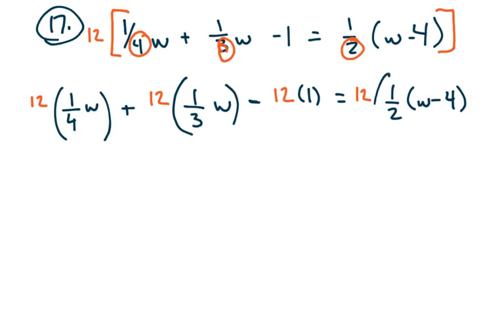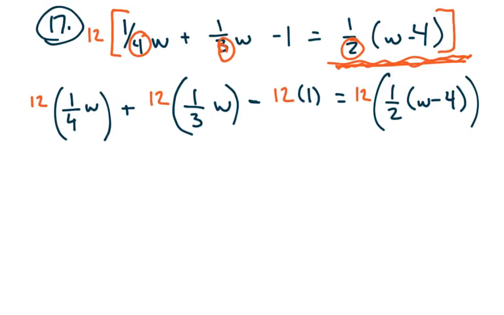Maybe build some consistency here. Okay? Notice also in the back here, 1/2 times w minus 4 is a term. Remember, last semester we defined a term as the stuff, I'm using air quotes here, between plus, minus, or equals. Okay? So all of this is grouped together. Okay? So I multiply through by 12.